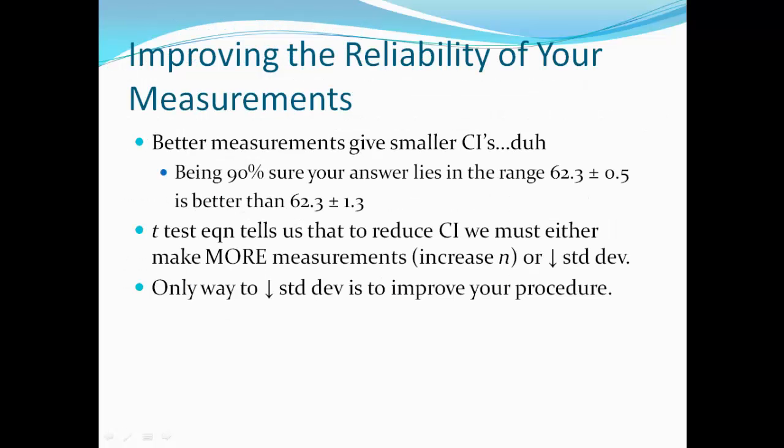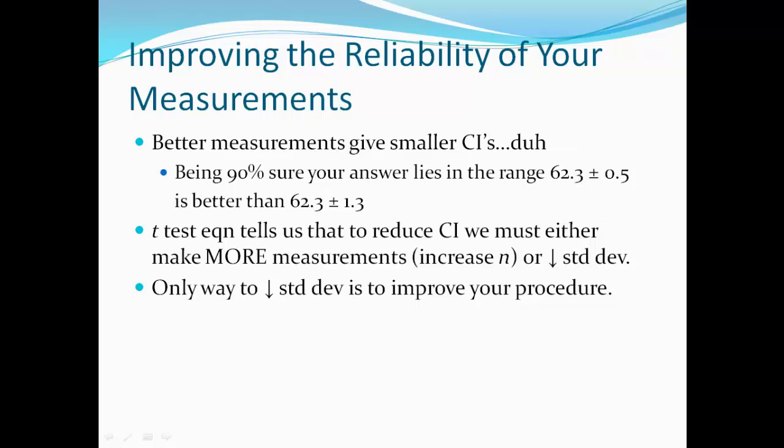So how can you improve the reliability of your measurements? Well, I just mentioned it. If you make more measurements, then that's going to give you smaller confidence intervals. So, in other words, being 90% sure your answer lies within the range of 62.3 plus or minus 5 is way better than if you say that your answer lies within 62.3 plus or minus 1.3. Of course it is.